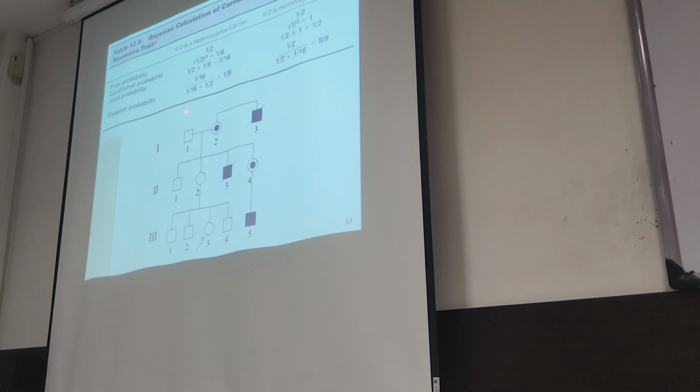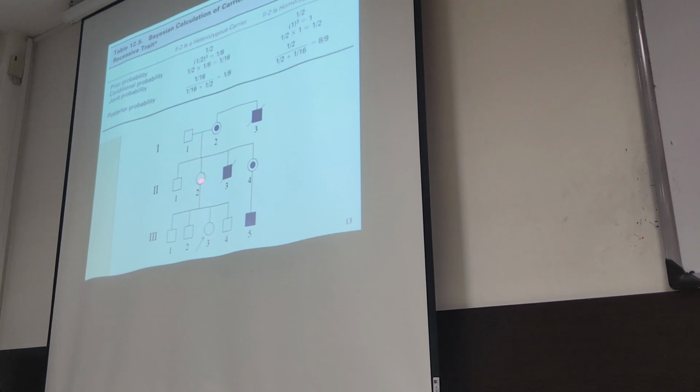So divided by 1 out of 16 plus 1 out of 2, which is 1 out of 9. Okay? The 1 out of 9 for this individual to be a carrier, okay, and having 3 normal boys. Okay? Is 1 out of 9.